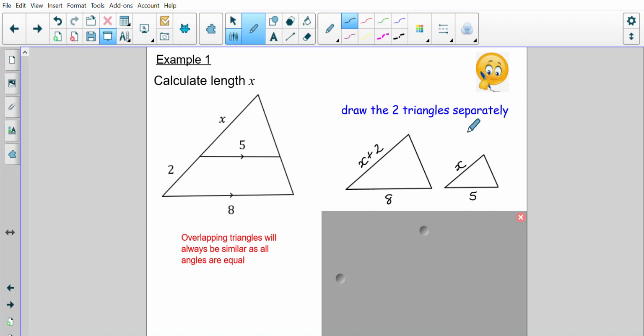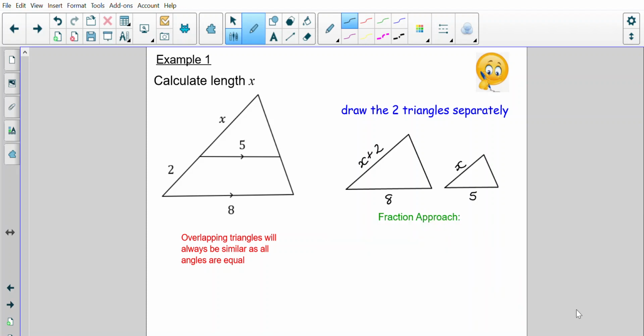So what I'm going to do here is use the fraction approach to set up an equation involving x.